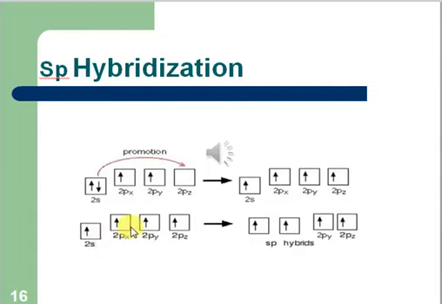So 1s and 1p mix together, and we form 2 hybrid orbitals. They're called sp orbitals. These are sp hybrid orbitals, while these 2 remain unhybridized orbitals. So in sp hybridization, we mix 1s and 1p and we get 2 sp hybrid orbitals, and we have 2 unhybridized p orbitals here.